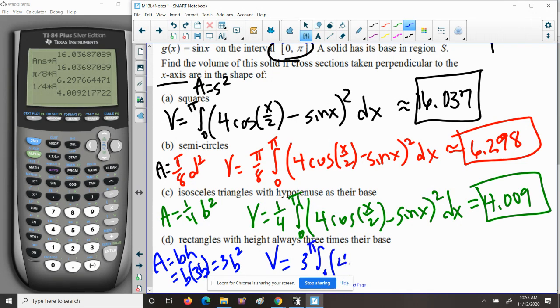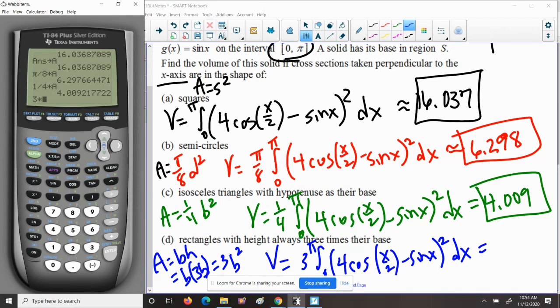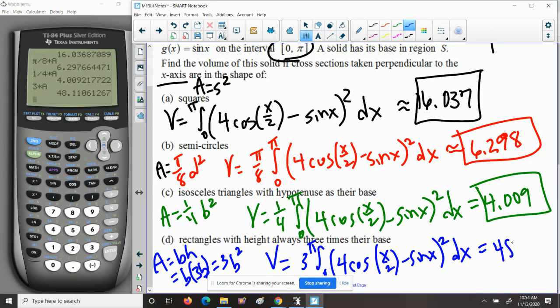The base, of course, would be upper minus lower, 4 cosine x over 2 minus sine of x, all squared. So we want to take 3 times that integral that we already found in this case. That gives us 48.111.